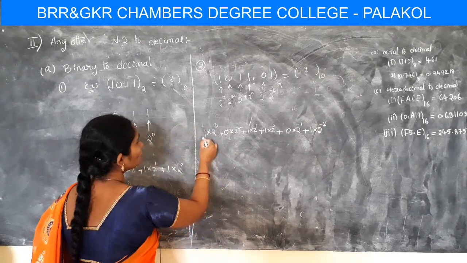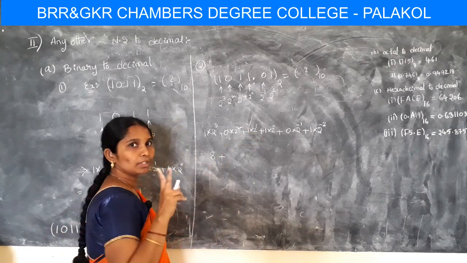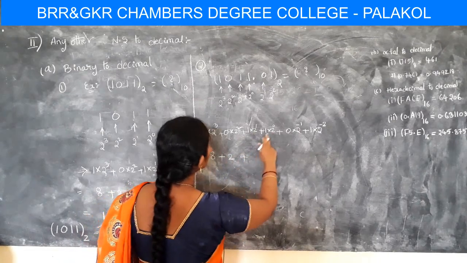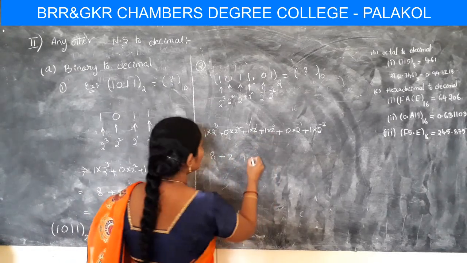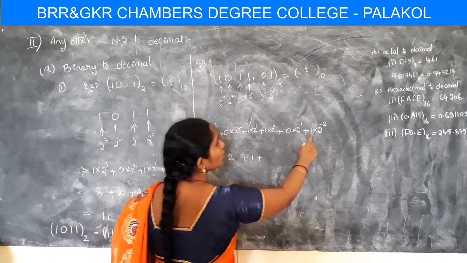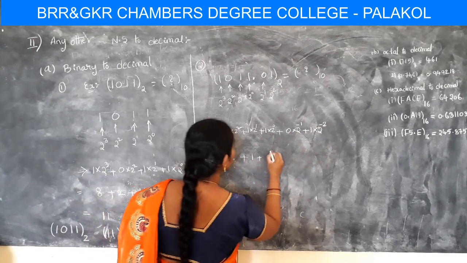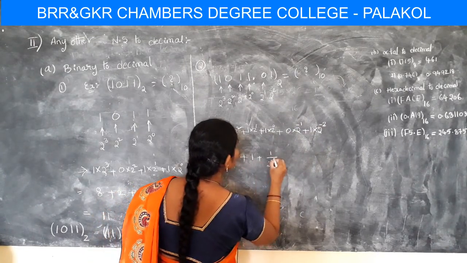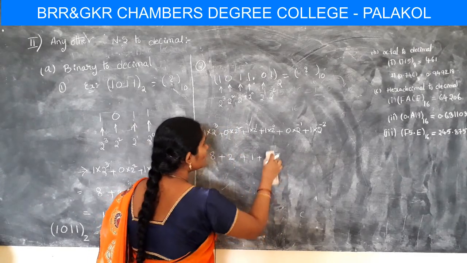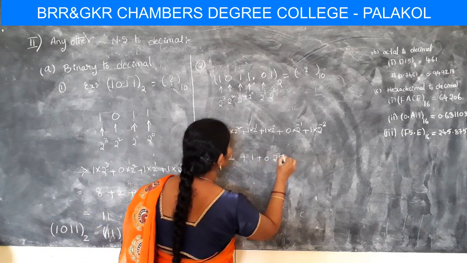Okay. So, 2 cube is nothing but 8 plus 2 power 1 is nothing but 2. So, that is 2 plus, okay. So, here 2 power 0 is nothing but 1, that is 1 plus 0 into 2 power minus 1 is 0. So, here 1 into 2 power minus 2, that is 1 by 2 square. So, that is nothing but 1 by 4. So, 1 by 4 is nothing but 0.25.